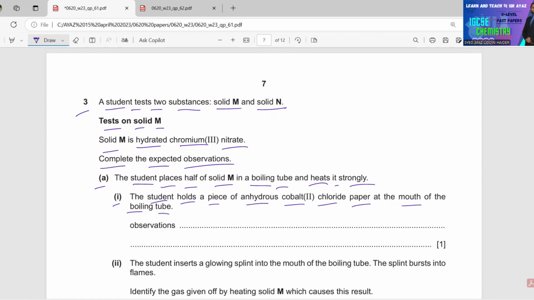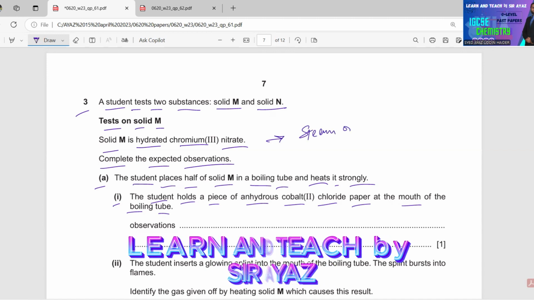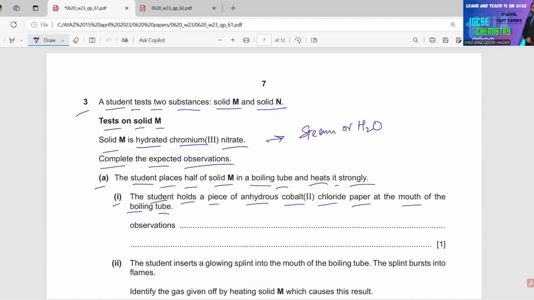Observations. Remember, if you heat this hydrated salt, what will happen? It will produce steam or H2O. And this cobalt 2 chloride paper is used to test water.